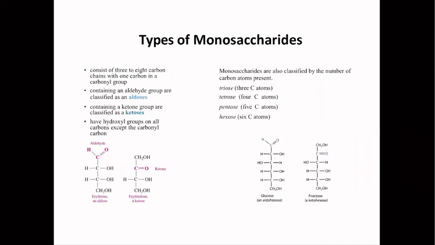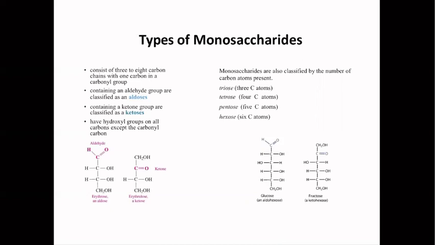Now, when it comes to carbohydrates, we can classify them based on the carbonyl that they have and the number of carbons that they have. Monosaccharides can have 3 to 8 carbons in the longest chain, and will have a carbonyl functionality.